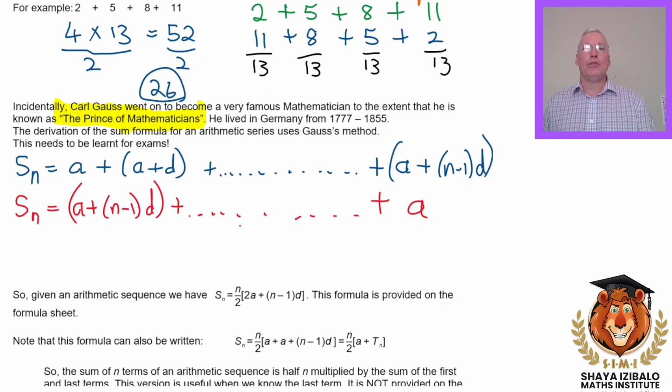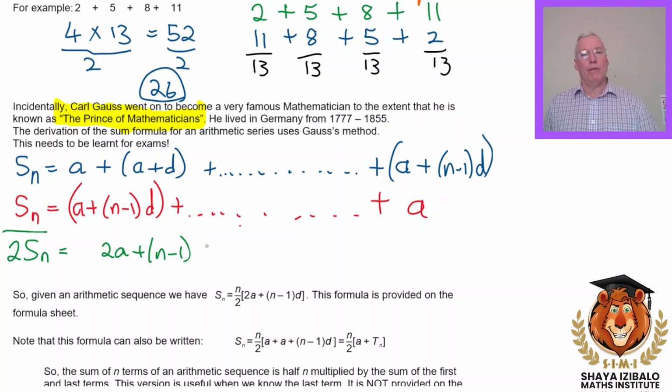Now we're going to add these 2 rows. On this side, we get Sn plus Sn, we get 2 lots of Sn. Now here, this is going to be 2a plus n minus 1 lots of d. But this is also going to be 2a plus n minus 1 lots of d. All of them are going to be 2a plus n minus 1 lots of d.